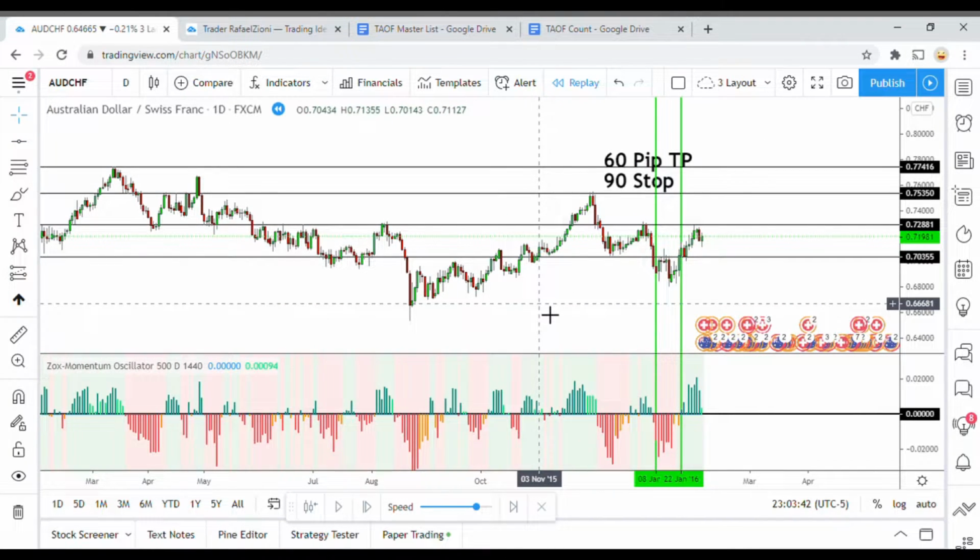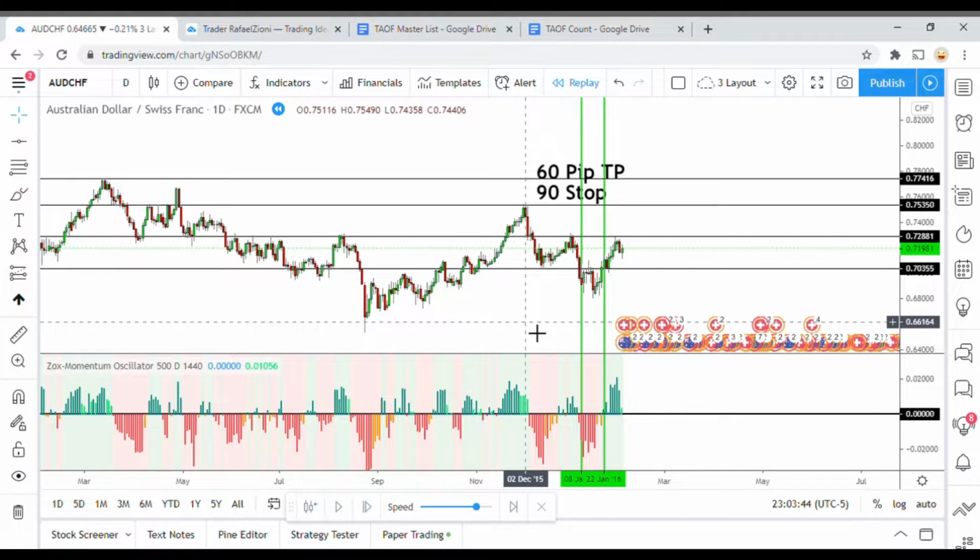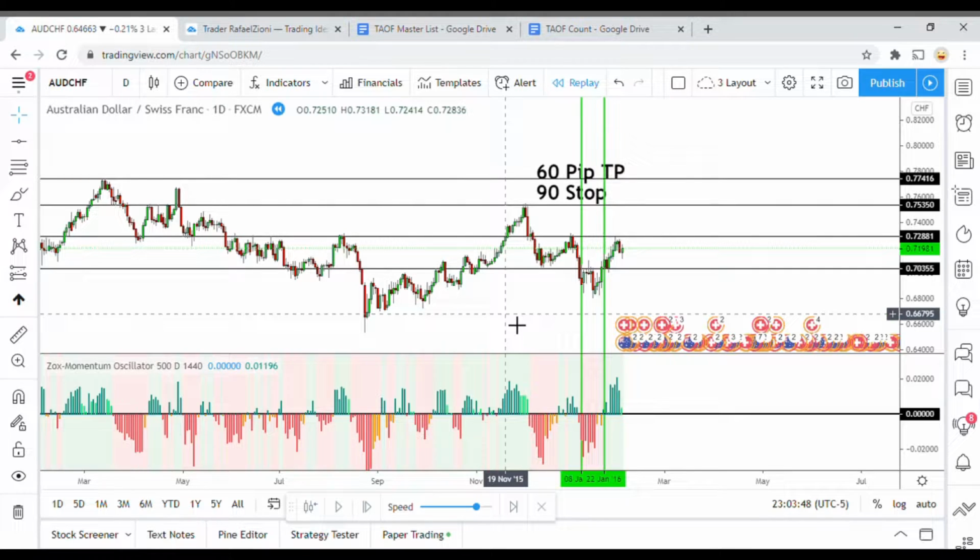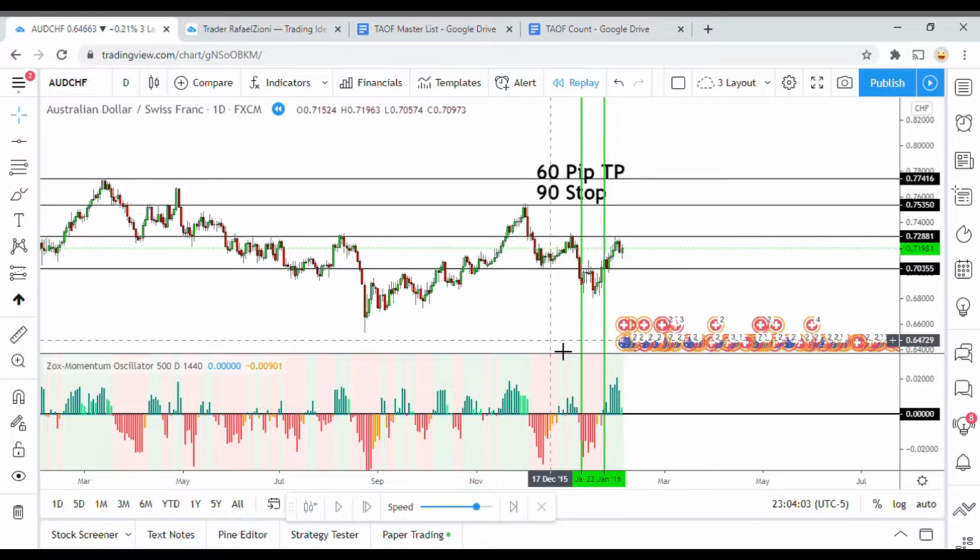What I'm looking at here is kind of a combination of two things. When you are marking off support and resistance lines like this, you're looking for the most current price action points first. And so we have this area right here. It's kind of all in one on these two points.